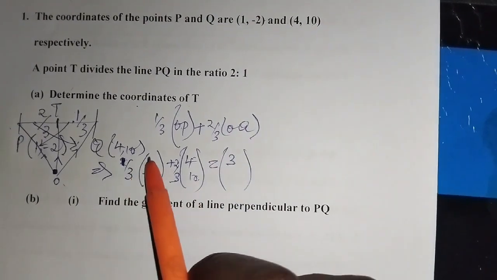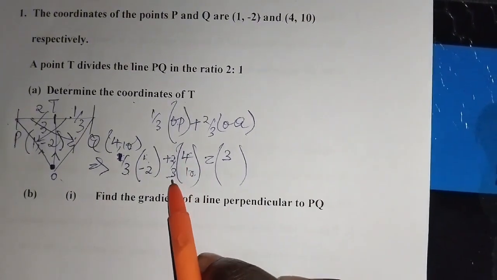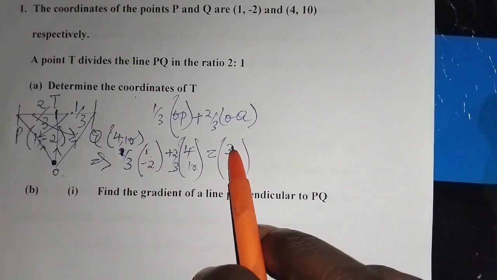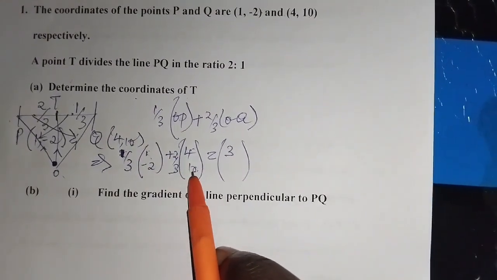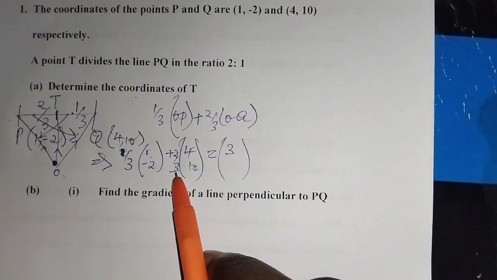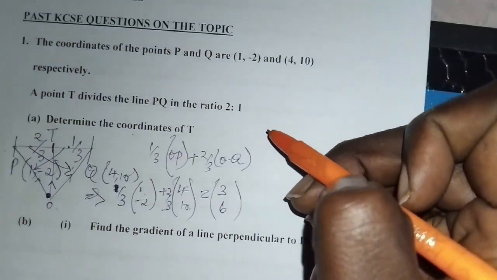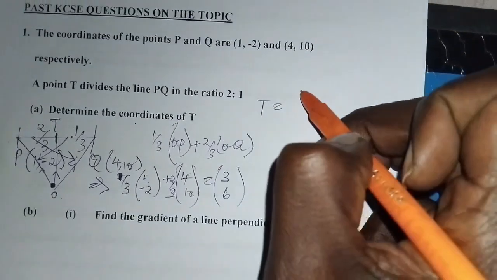So this one will be 1/3 plus 6/3 plus 8/3, which is 9/3, which you get 3. And we have -2/3 plus 20/3, we get 18/3, which we get 6. So our point T will be (3, 6).